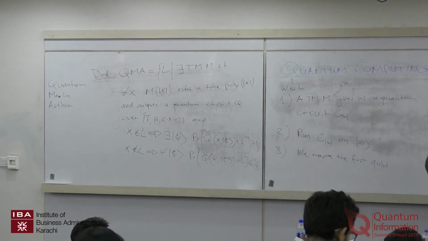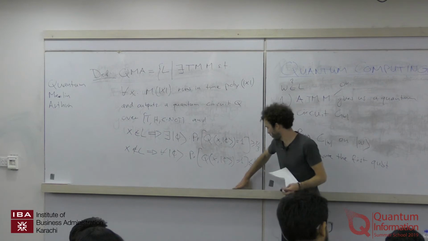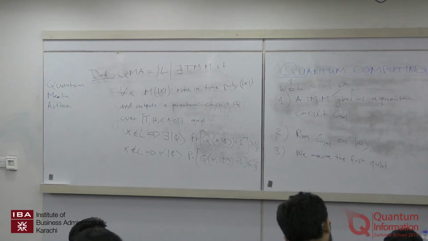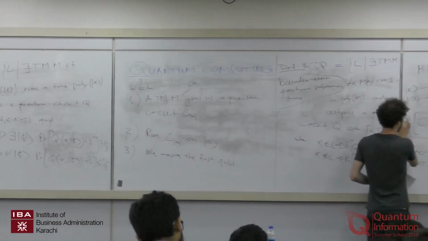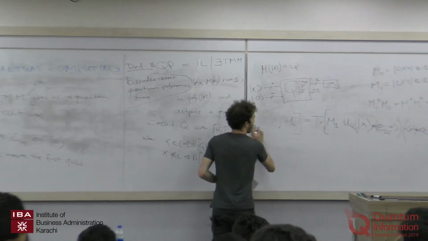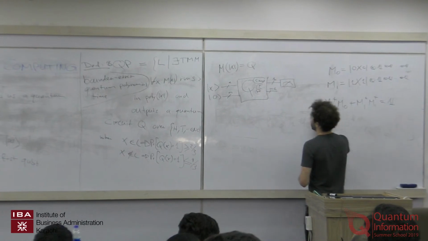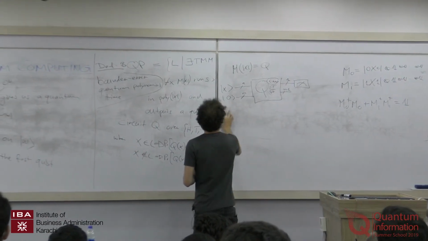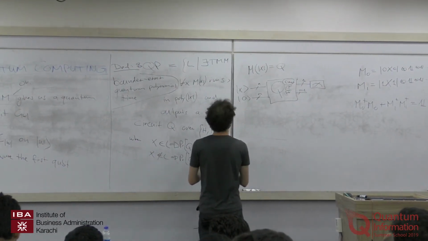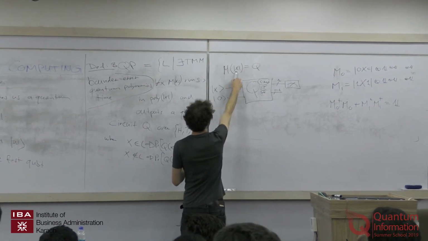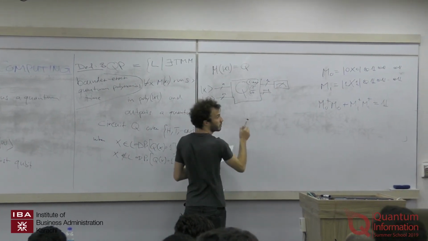So if you would draw this now as a picture, like we did here, you have again a classical Turing machine that takes the length of the input and outputs the circuit.